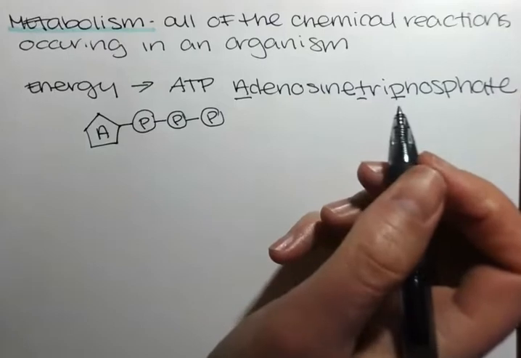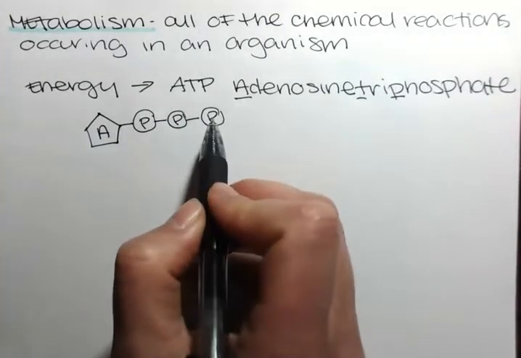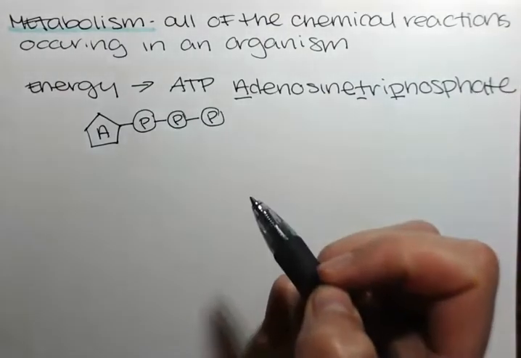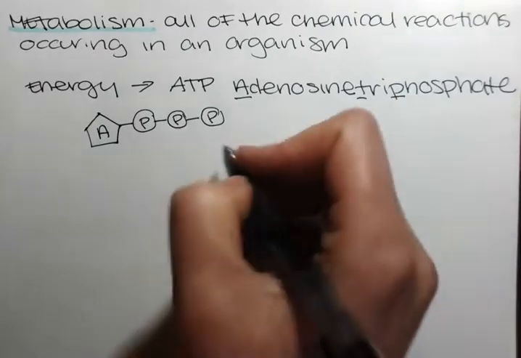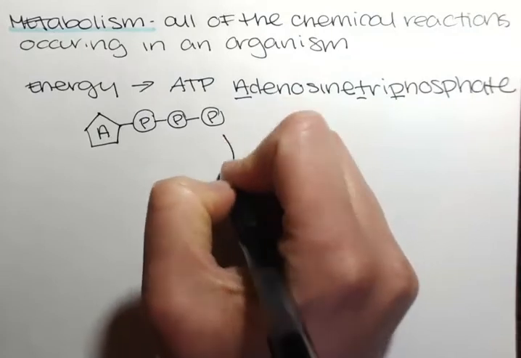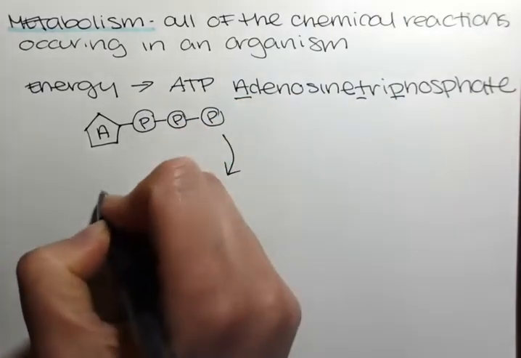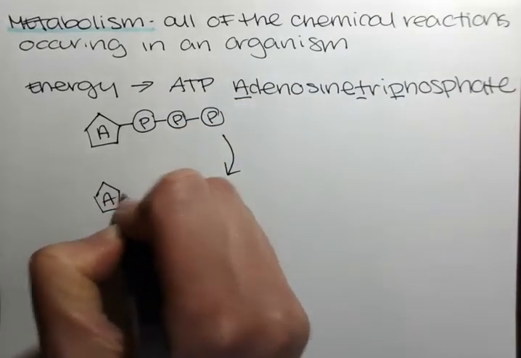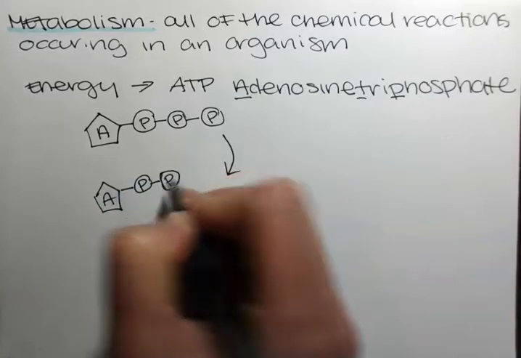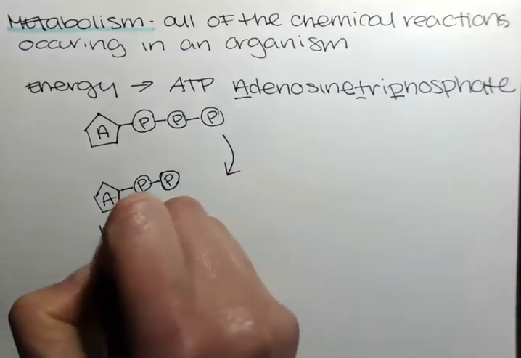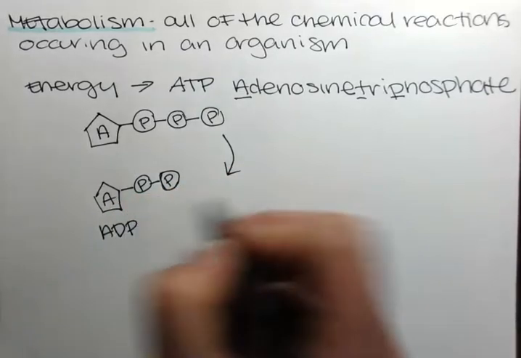And it's actually really useful for carrying around just enough energy for the cell to use to power a lot of its functions. And what actually ends up happening is that ATP gets converted to ADP, which is adenosine diphosphate.